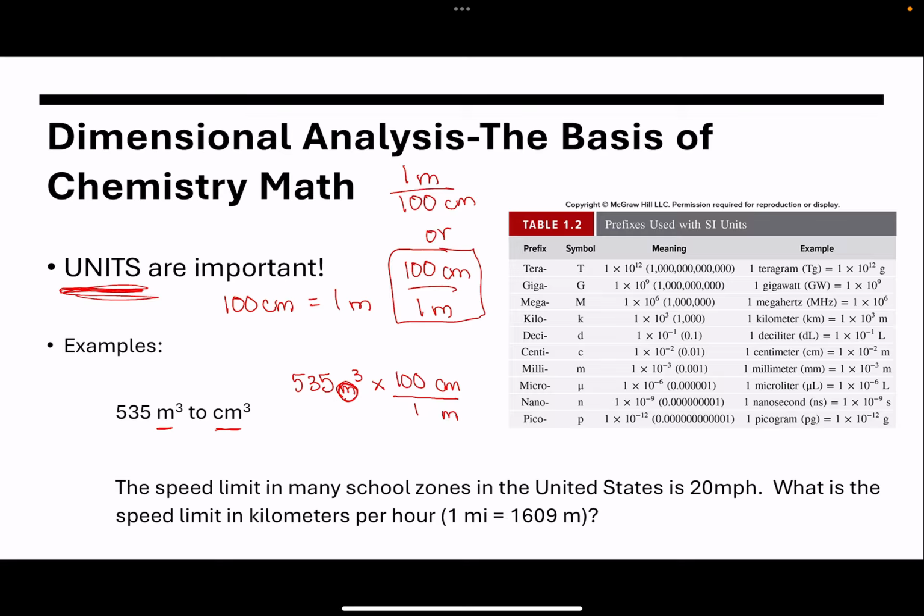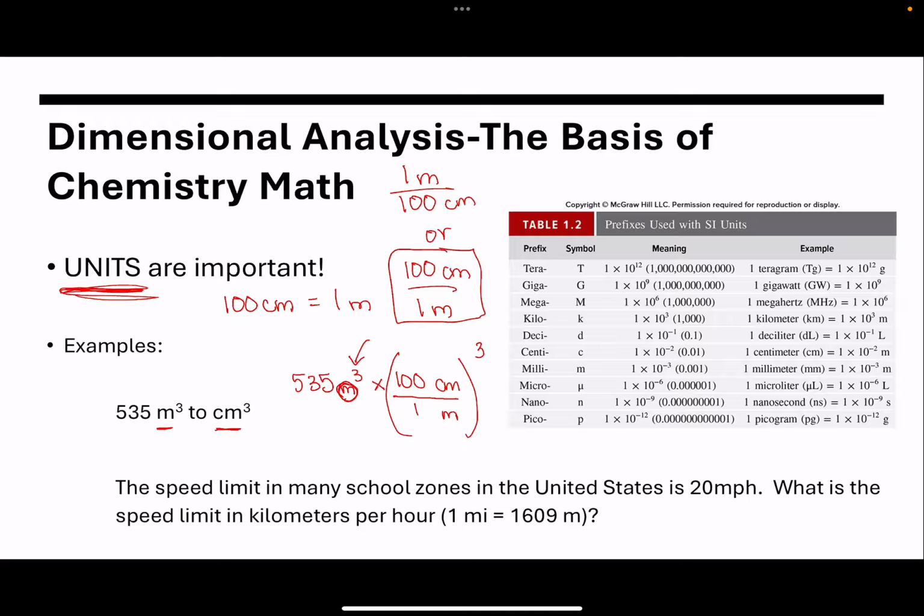Now, this one's a little bit trickier because we've got our cube in here. Well, we can fix that by just putting this in parentheses and putting a cube here. Now, in chemistry, we always encourage you to use a calculator. Is it wonderful if you can do math in your head? Of course it is. But why do that when you can have a calculator in front of you?